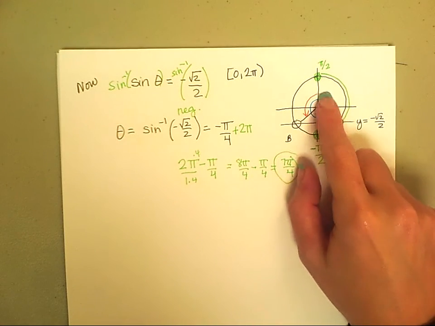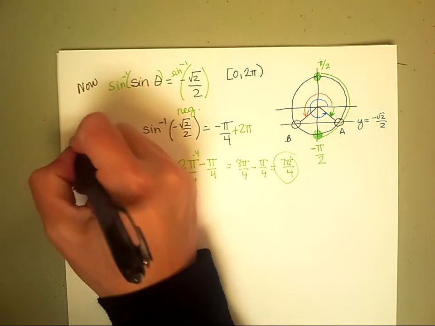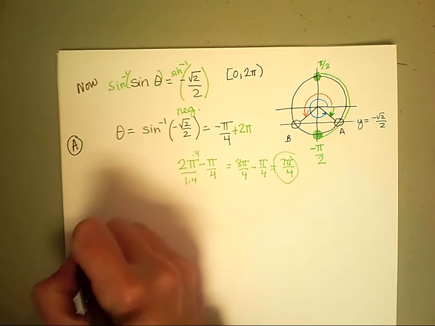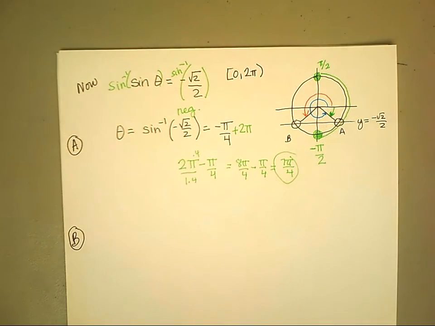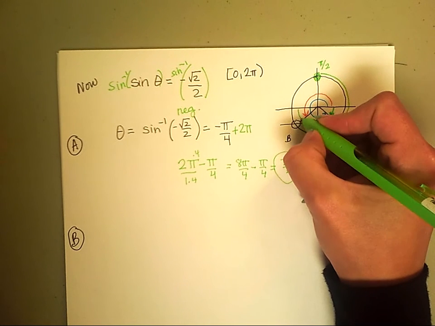Now, how am I going to find the orange? Because this was angle A. Now we need to find angle B. So we know then that this little portion has to be equal to this little portion.